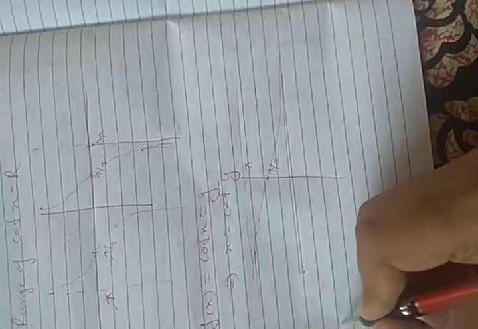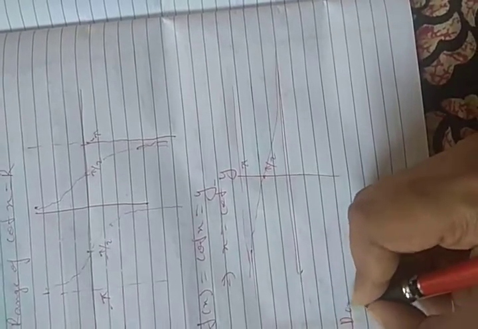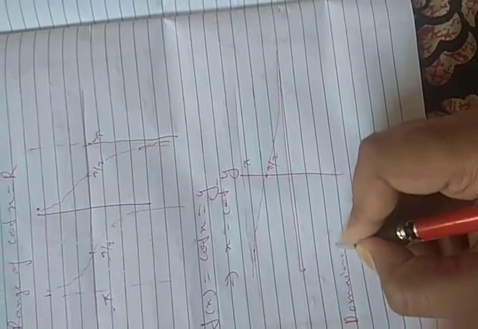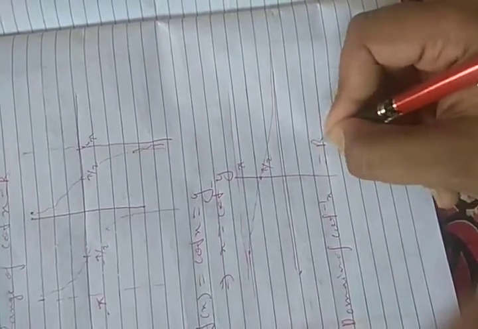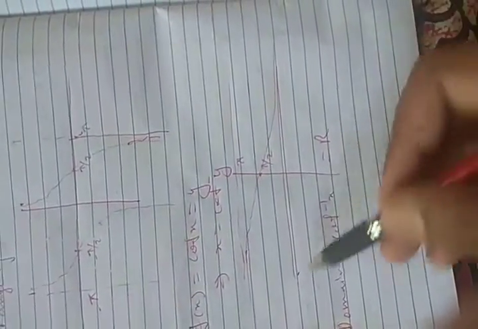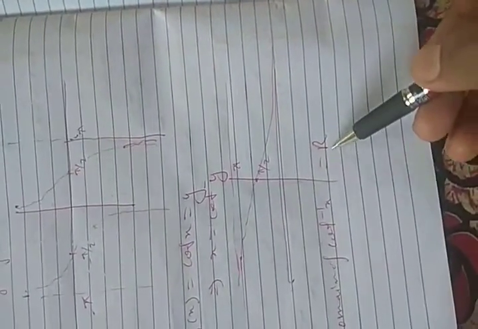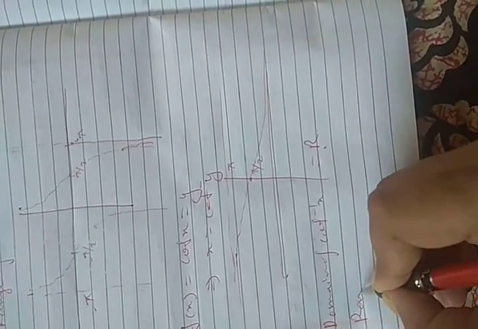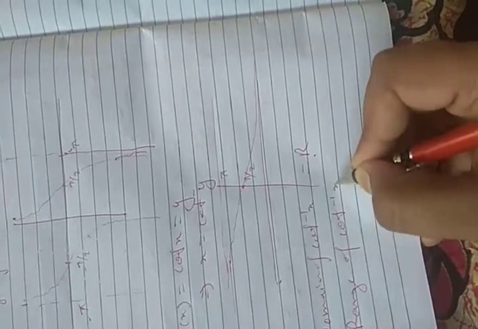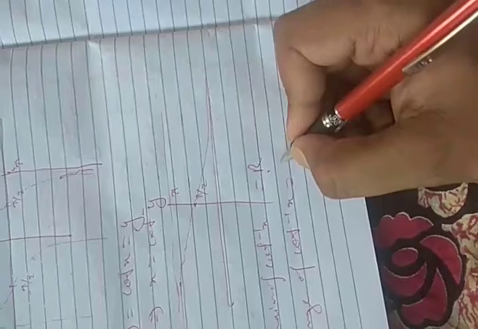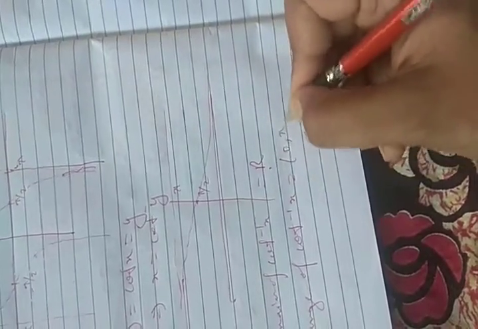Now for the domain of cot inverse x, the domain of cot inverse x equals R. Again, we can find that the domain is always on the x-axis. Whatever x-axis value we are getting, that is called the domain. This is the x-axis, the domain will be R, and the range of cot inverse x is 0 to pi, in the open interval 0 to pi.